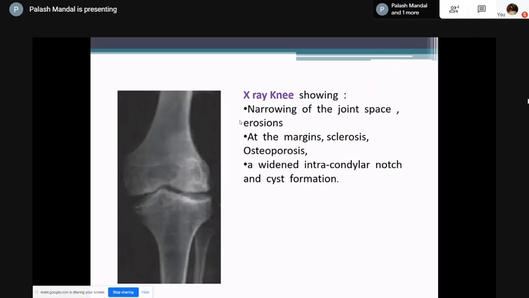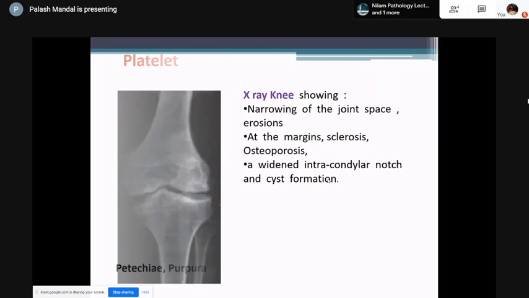So gradually the swelling becomes normal, but repeated bleeds lead to narrowing of the joint space due to erosions. The margins of the bone become sclerosed and osteoporotic, that is, calcium becomes less in those areas, and a widened intercondylar notch and cyst formation may also happen.